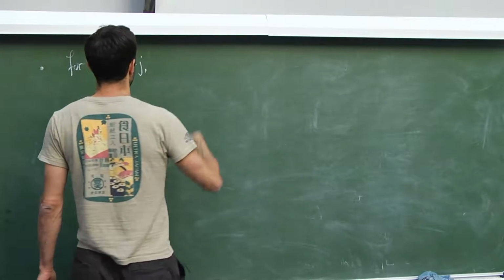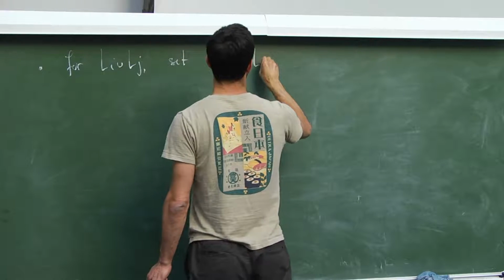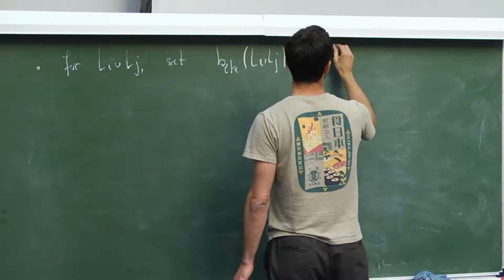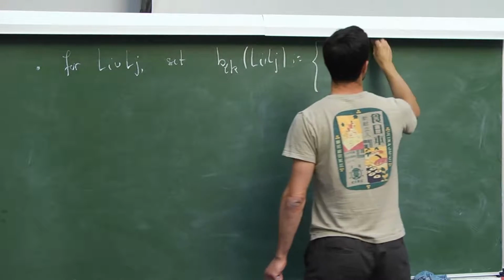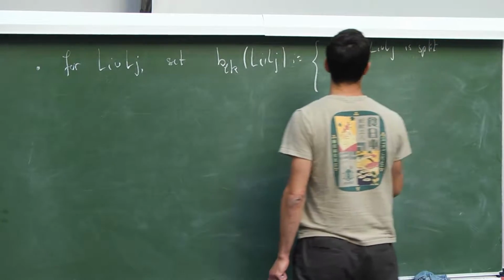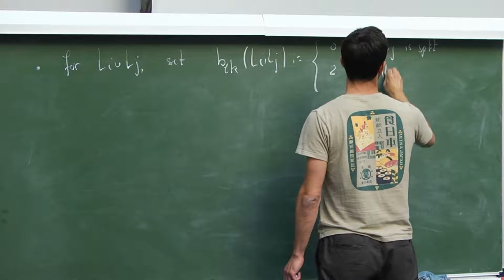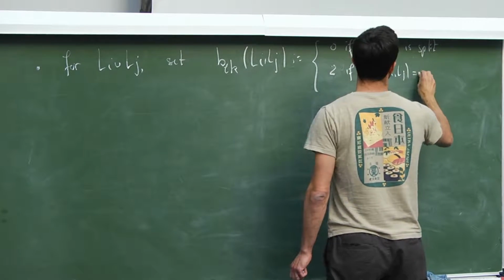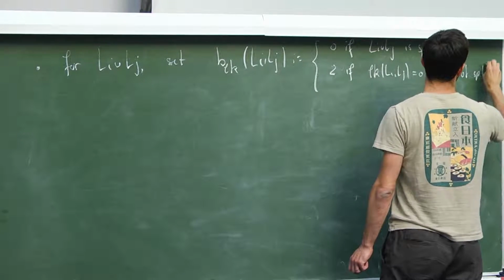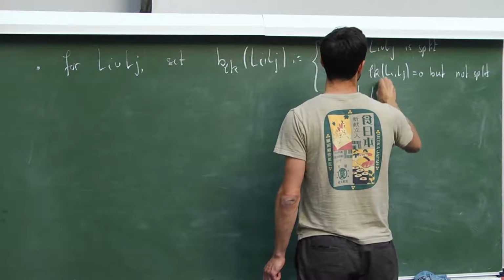Whenever you have two components, let's set B linking to be equal to 0 if this sublink is split, to be equal to 2 if the linking number of these two is 0 but it is not split, and to the absolute value of the linking number of these two, else.